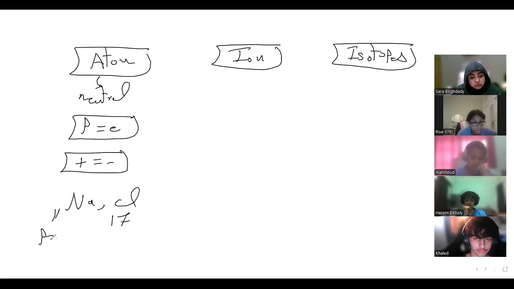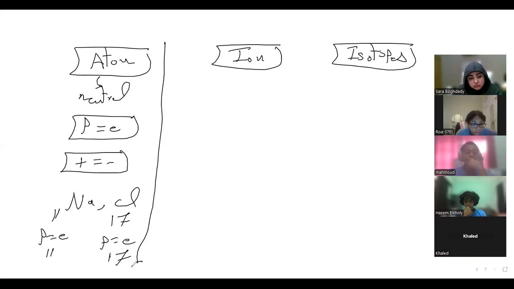In this case, protons equal electrons equal 11, protons equal electrons equal 17. There is no charge. This is an atom.